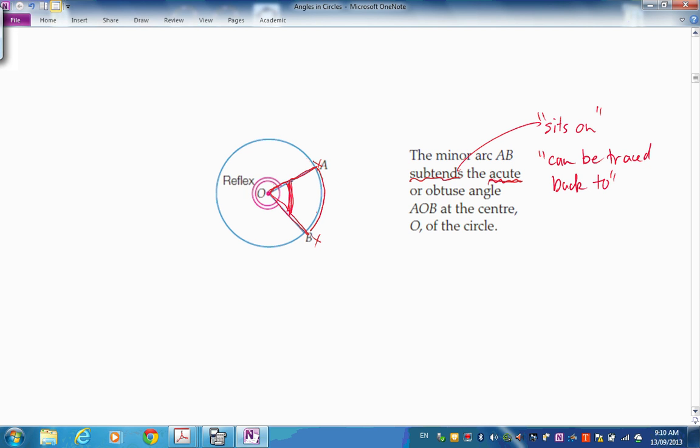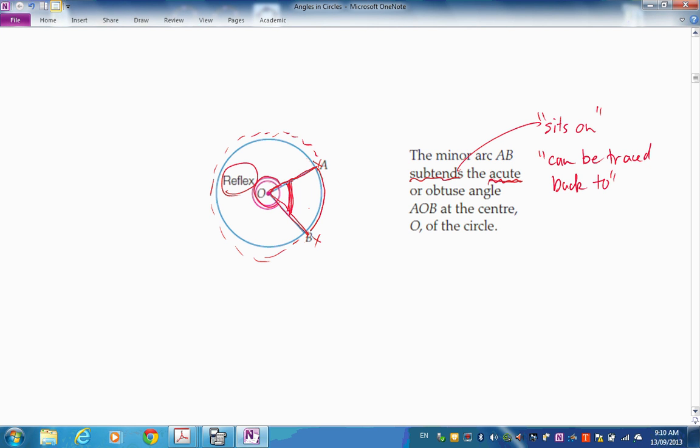A and B. So we say it's sitting on or subtended by AB. Now, the reflex angle back here, the big one around there, is really sitting on or subtended by the major arc AB.